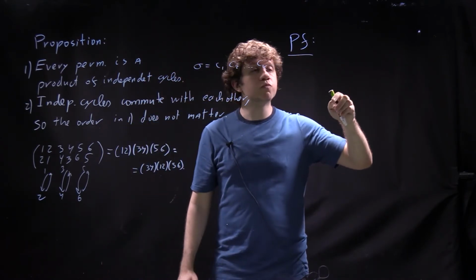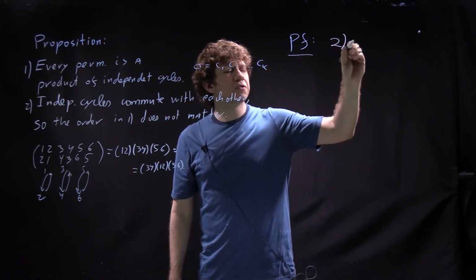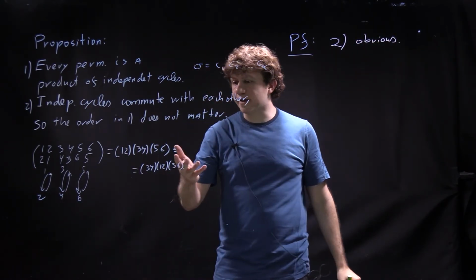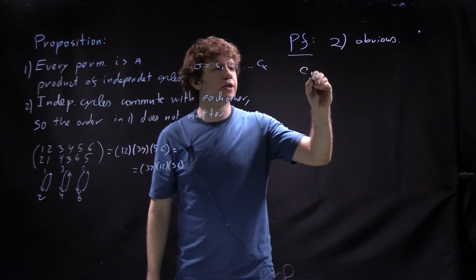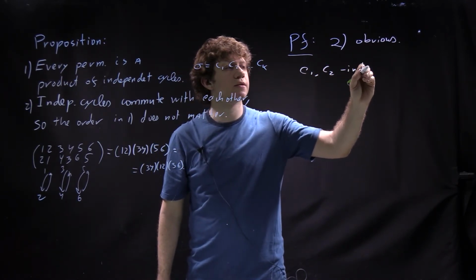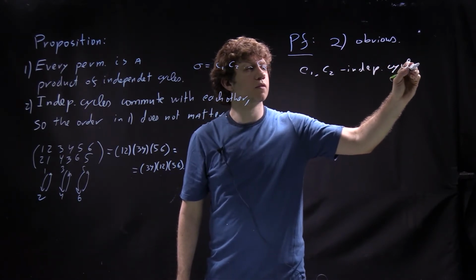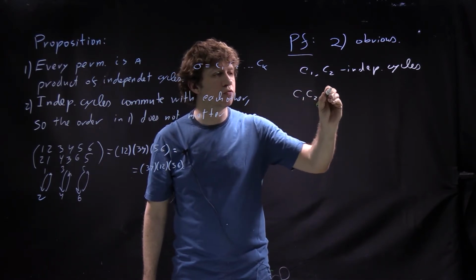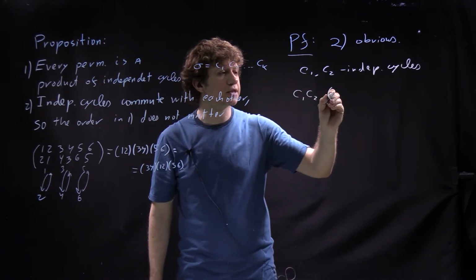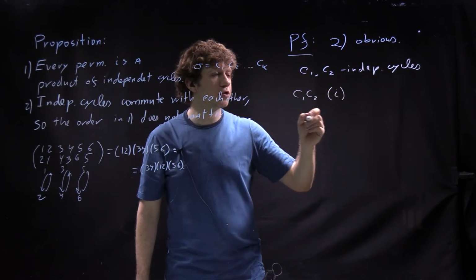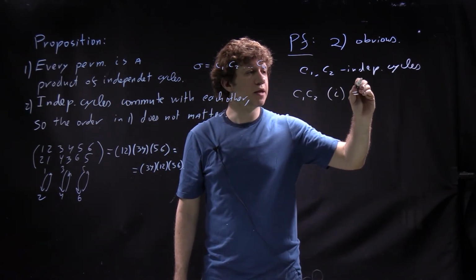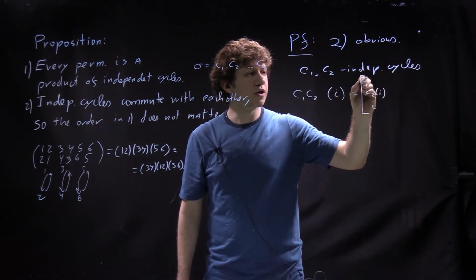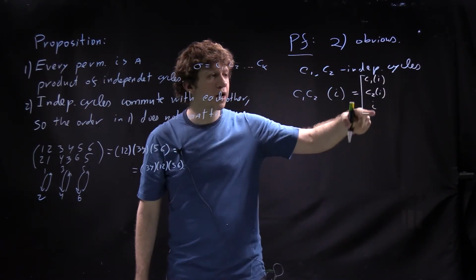So, how to prove it? Part two is actually obvious. If you take C1 and C2, which are independent cycles, and apply C1 times C2 to any index i, you will get either i, C2 of i, or C1 of i, depending on where i lies.